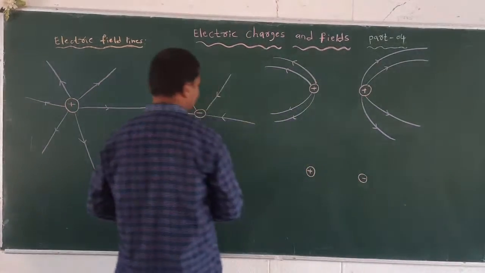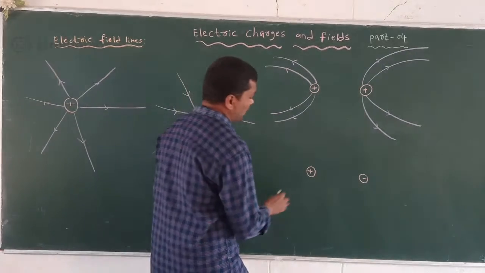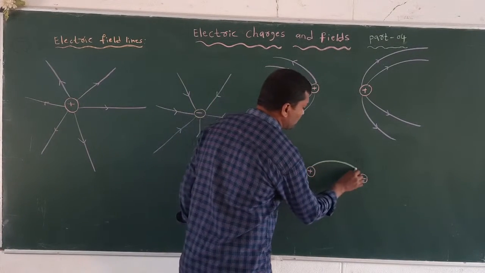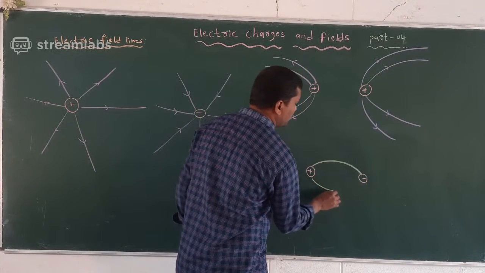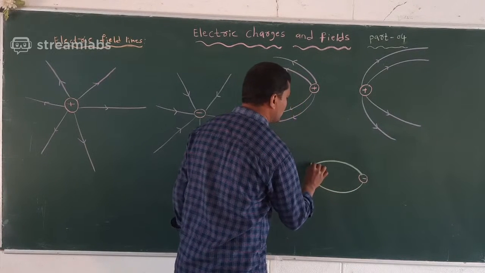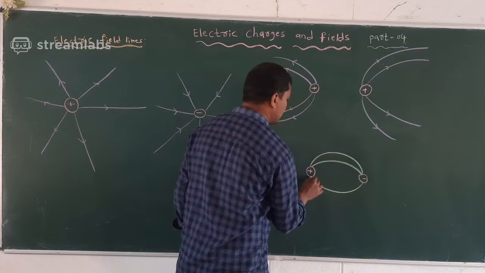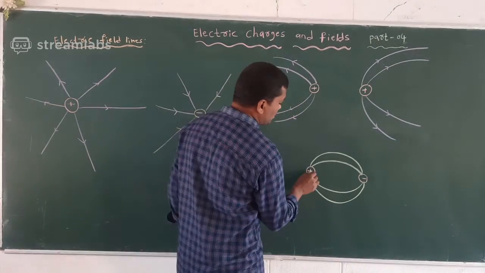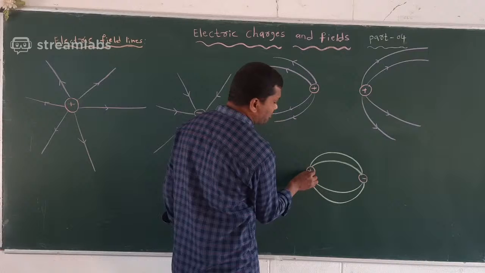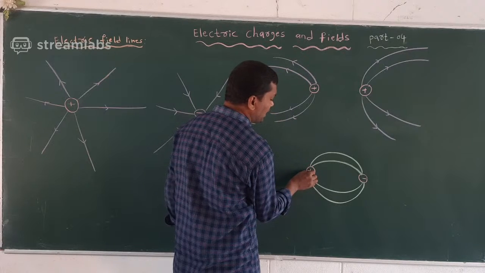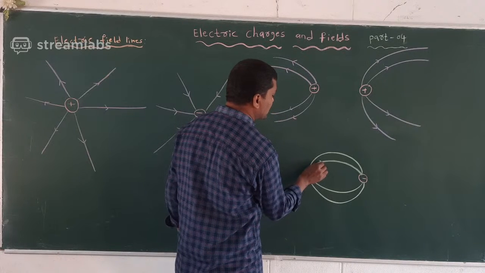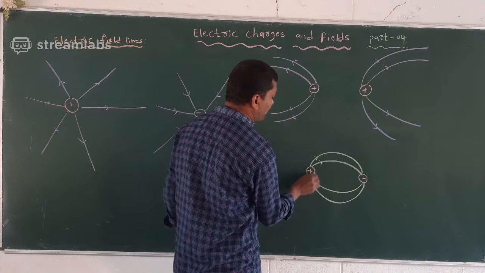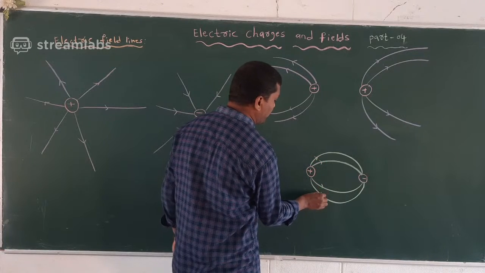When we draw these lines from positive to negative, positive to negative, positive to negative, we can observe that for the positive charge, the field lines are directed away from the point charge.